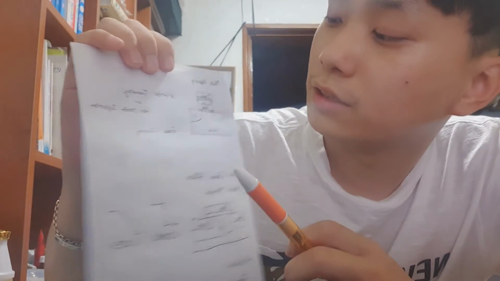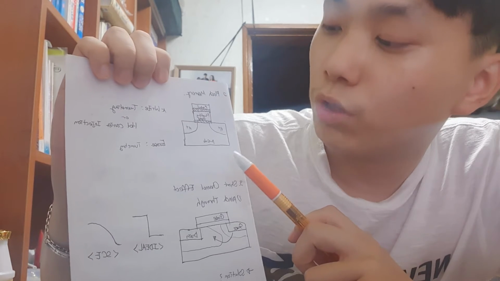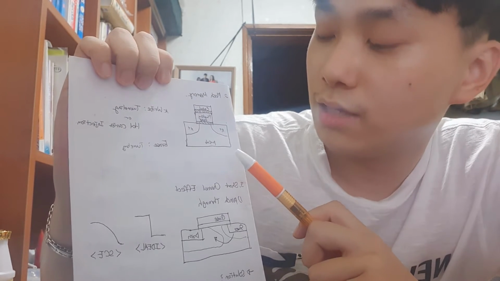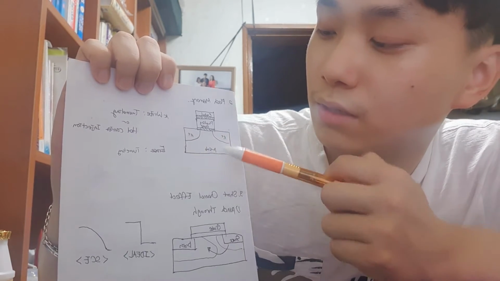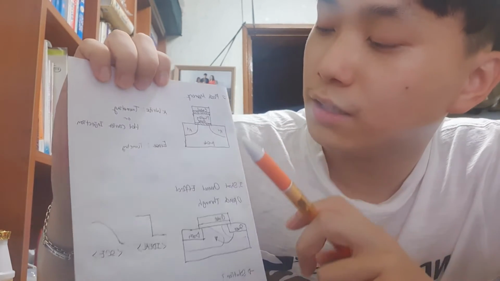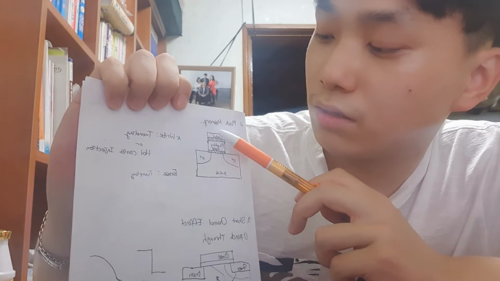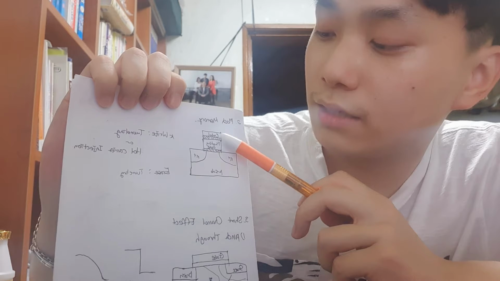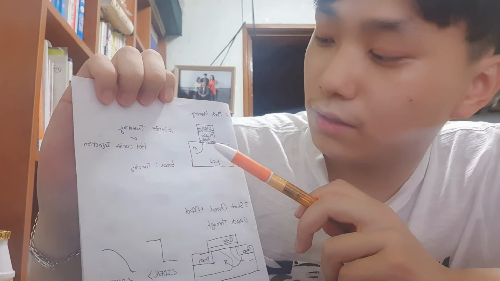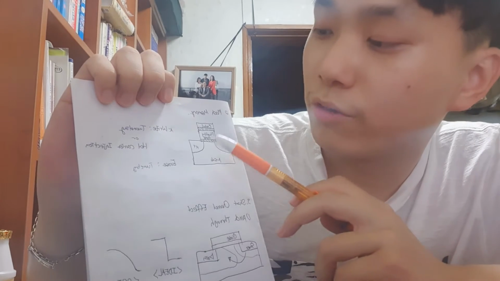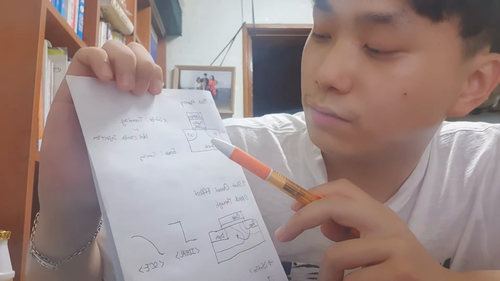The next memory is flash memory. It is only 1 transistor, but it has a floating gate between the control gate and the substrate body. When we give a high control gate voltage, we can write the data in the floating gate.